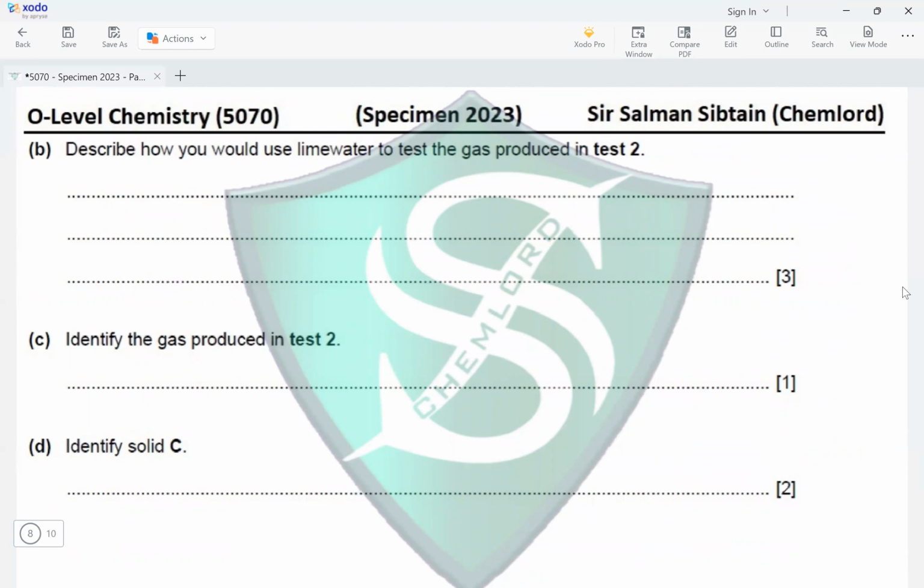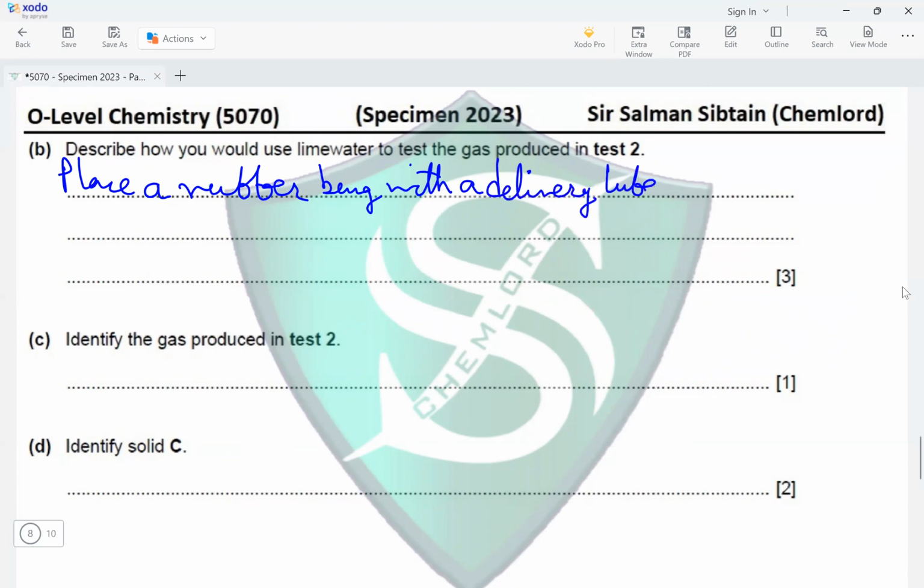So what we will do, place a rubber bung with a delivery tube on the tube in which acid is added.